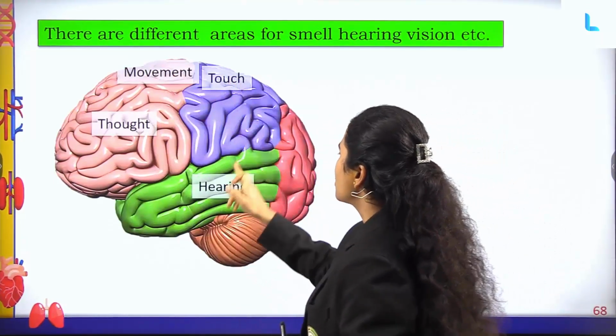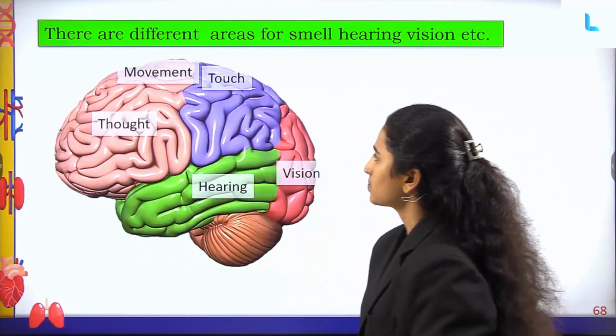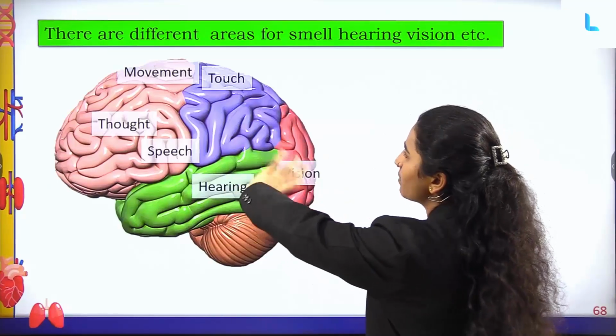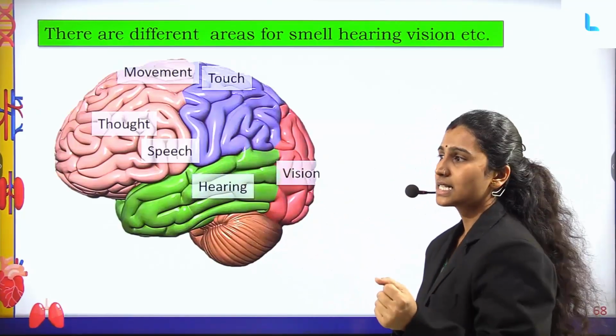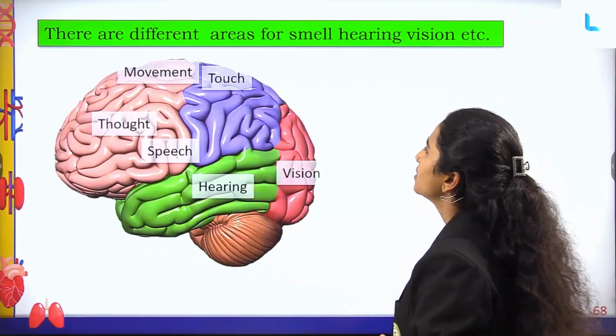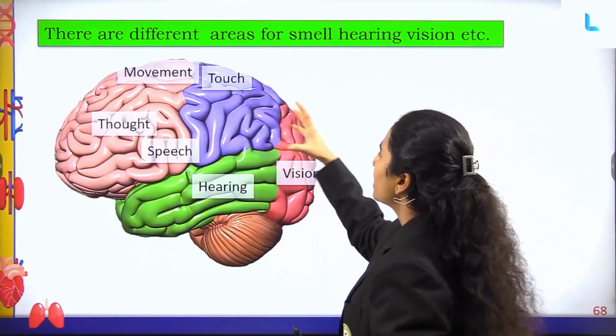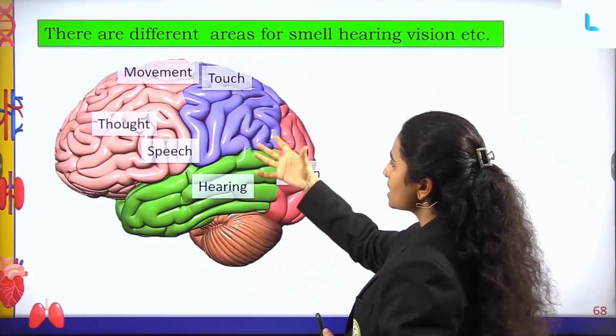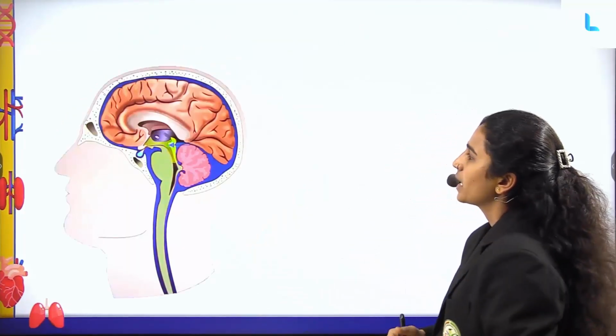Thought, movement, touch, hearing, vision, the senses happen with the cerebrum. So it is a sensory organ, we can say. Within the cerebrum all these sensory functions take place.